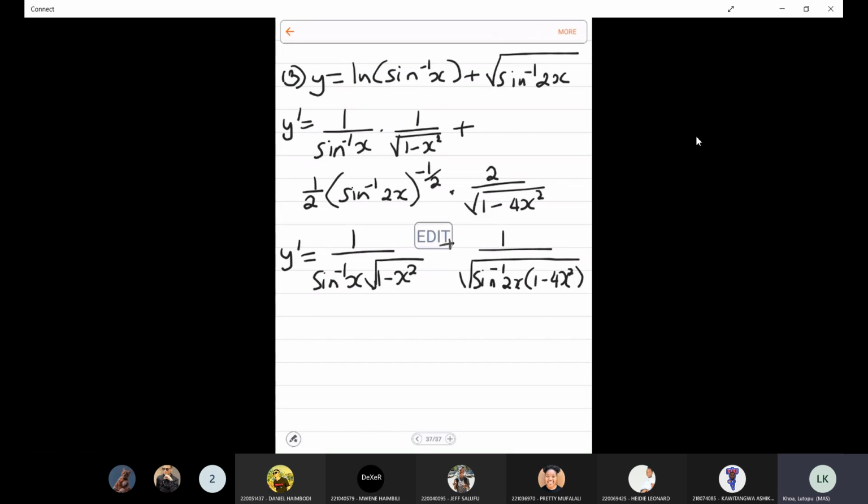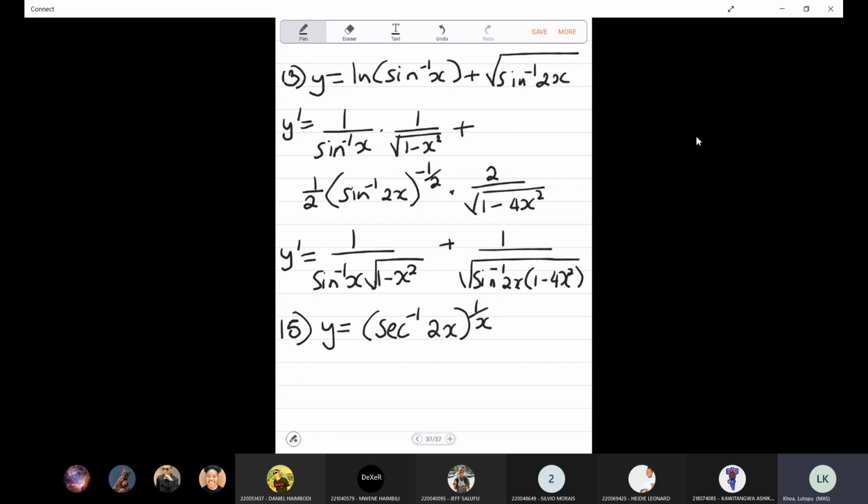So let's look at the next one, which is number 15. For 15, we have y is equal to sec inverse of 2x to the power of 1 over x, and we want to work out its derivative.